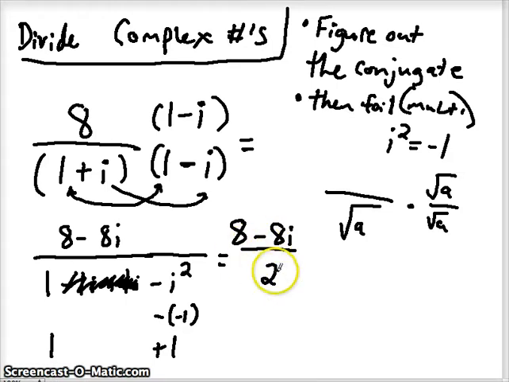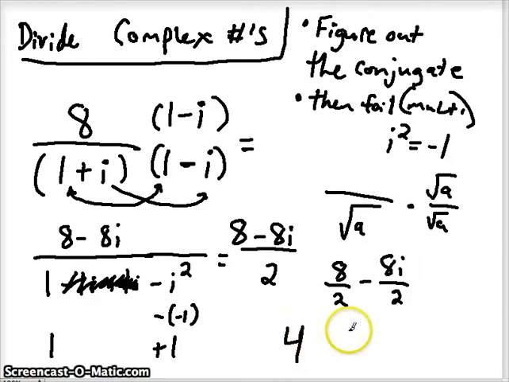So really we have two fractions here. We have 8 over 2, and we have negative 8i over 2. So let's simplify these fractions, and then we'll be able to write it in our standard form. So 8 divided by 2 simplifies to 4. There's our real number in front.